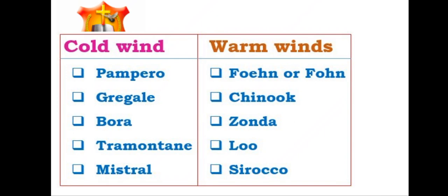In these type of winds, few winds are cold wind and few are warm wind. As you had experienced Lu in Uttar Pradesh, Rajasthan, and few parts of Punjab also. So these are the local winds and it is called Lu. It is a warm wind.